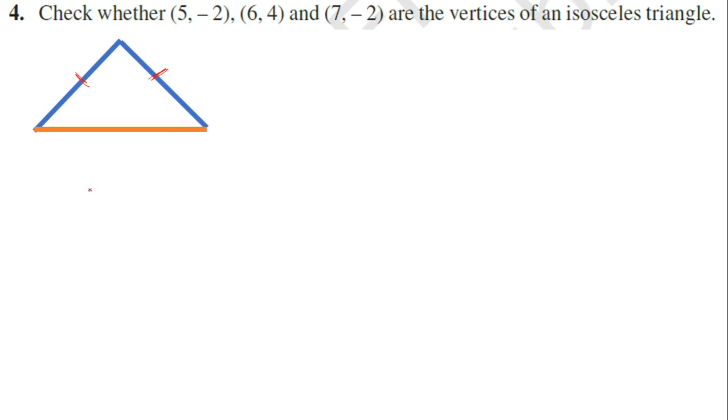So this is the isosceles triangle, and we have to check whether the three given vertices form one. So easily what we can say is that the distance between any two points should be the same. Then and only then they are vertices of an isosceles triangle.